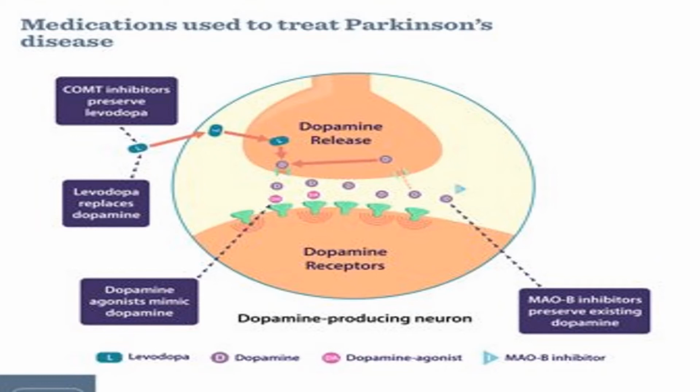And there's a medication like that. And can I make a drug that stops the breakdown of dopamine? And there's a medication like that. So it's either improving dopamine delivery or a drug that can mimic dopamine to stimulate the dopamine receptor, or a drug that will prevent the breakdown of dopamine.